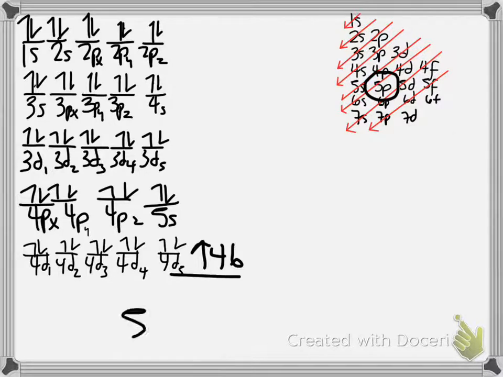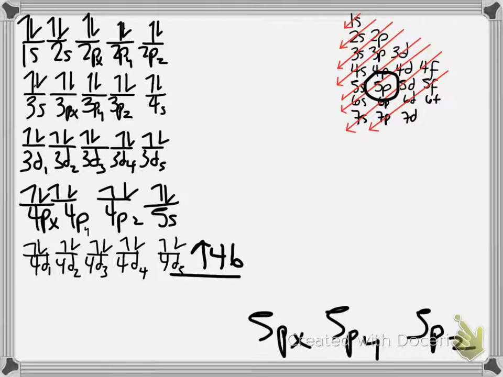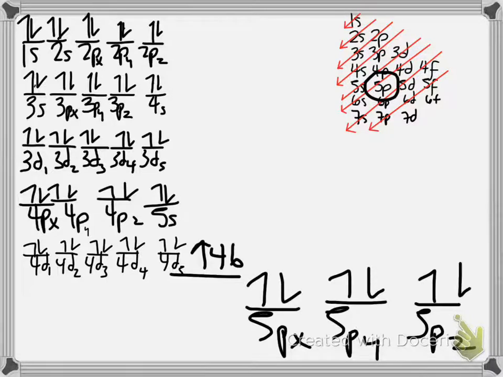5P. 5PX, 5PY, 5PZ. Draw those out here. 1, 2, 3. 1, 2, 3, 4, 5, 6.